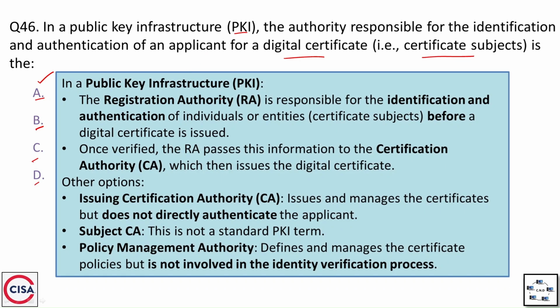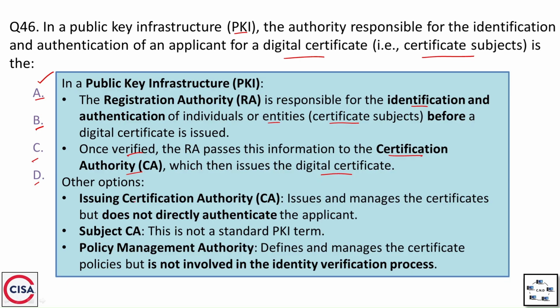So in a public key infrastructure, that is PKI, the registration authority is responsible for identification and authentication of individuals or entities, that is certificate subjects, before a digital certificate is issued. Once verified, the RA passes this information to the certification authority, that is CA, which then issues the digital certificate.